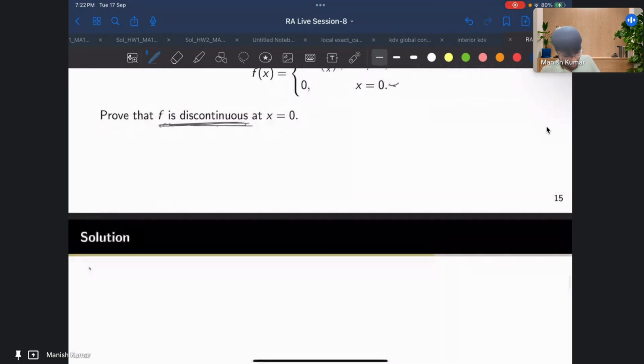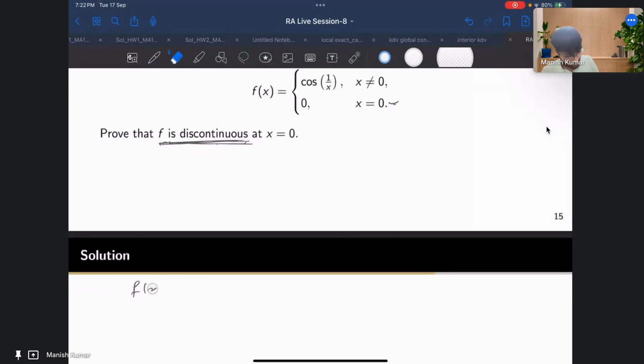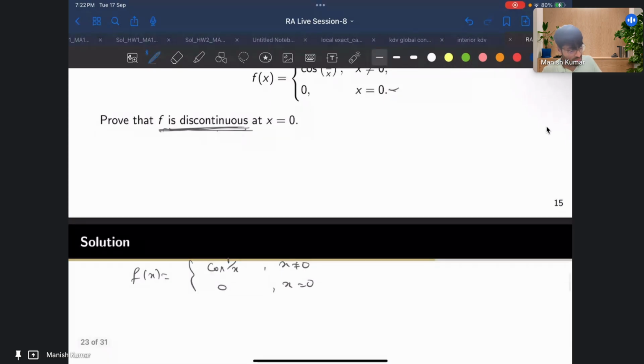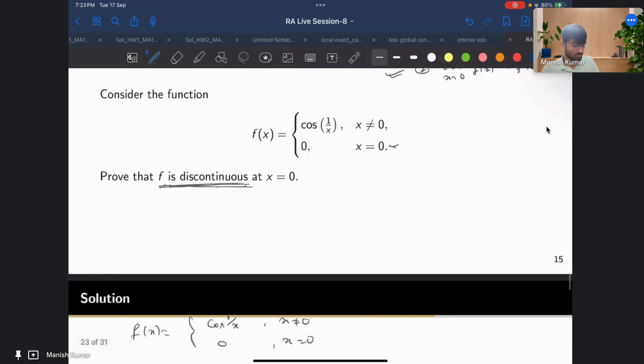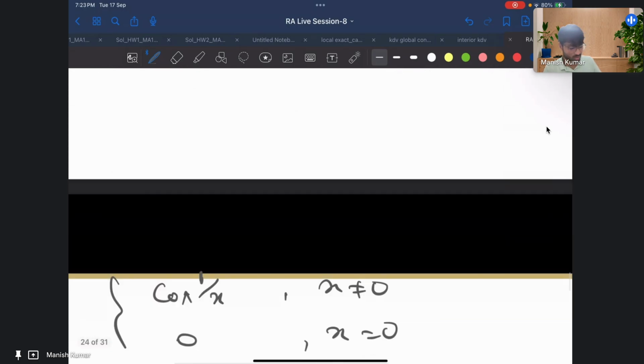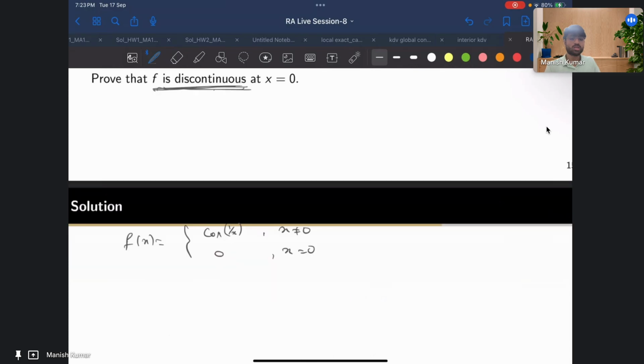So for the solution, let me first write the function. This is cos(1/x) when x is non-zero, and 0 if x is 0. I think I already discussed this kind of problem earlier. Can you tell me whether the limit will exist at 0 or not? I think one of you answered this problem, that you took two sequences.